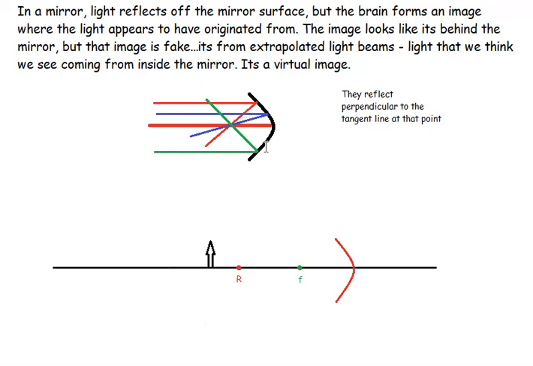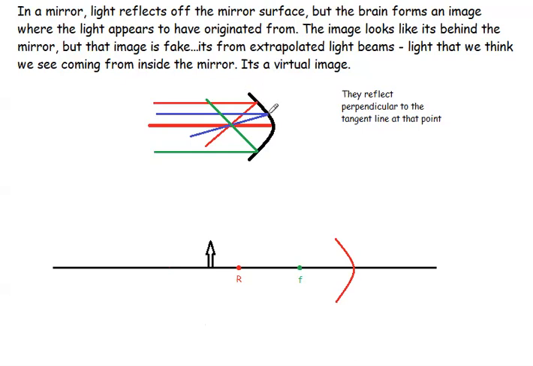So a concave mirror like this, all of our light beams are going to come into the mirror and they're going to reflect at an angle. And what is that angle that they're reflecting from? Well, this is really just a part of a circle. Of course, on my computer graphics, they're not quite circular looking, but they are in real life.